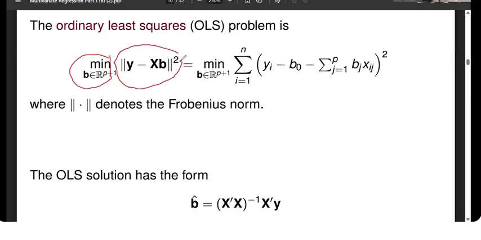Why are we squaring? This term itself is the error. But we want to tell the world that if the error is -3 and the error is 3, they are the same, not in terms of sign, but in terms of the distance from zero.